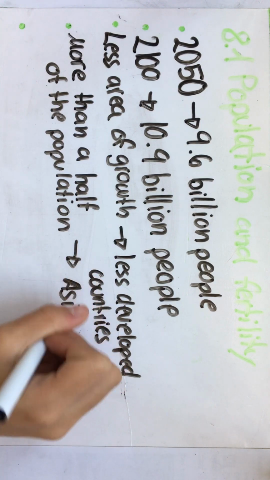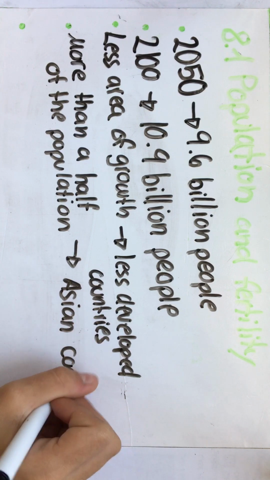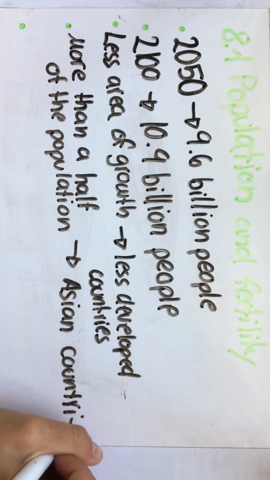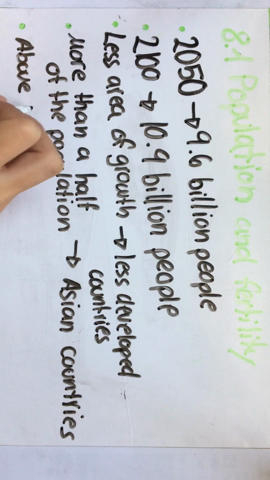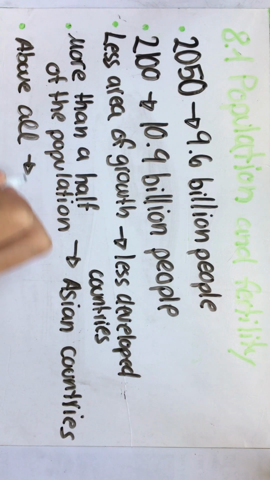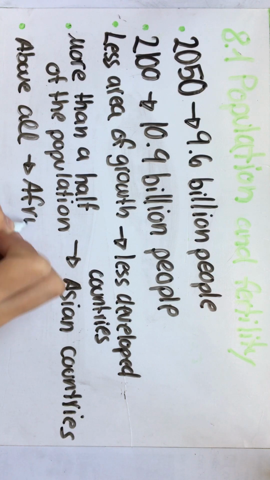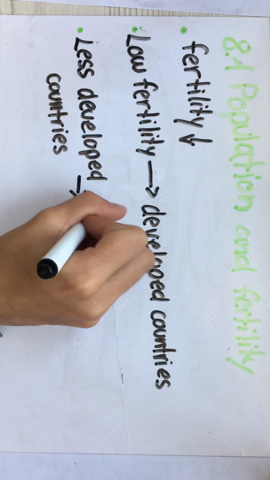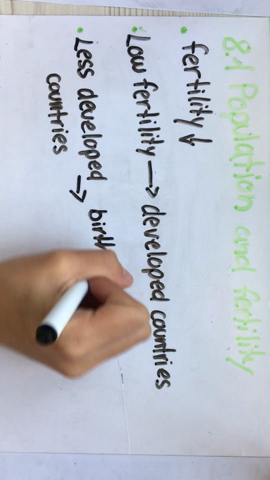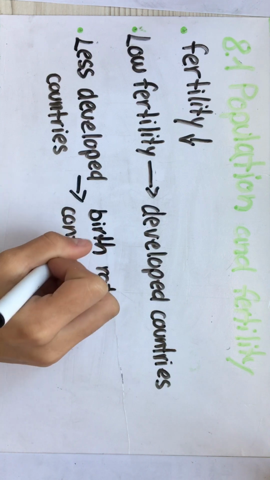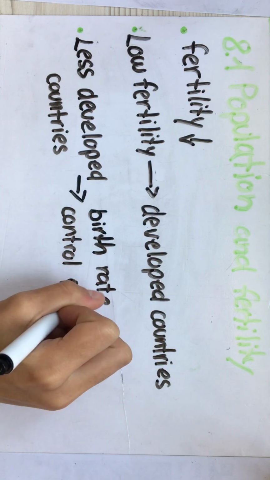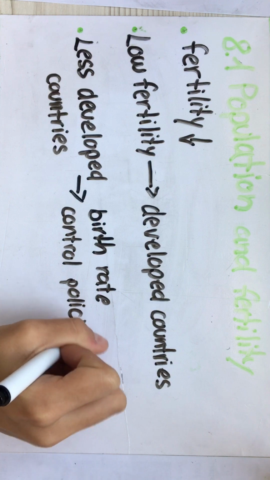More than half of the population will come from just a few Asian countries: India, China, Pakistan, Indonesia, and Bangladesh, and above all Africa: Nigeria, Democratic Republic of the Congo, Uganda, and Ethiopia. Worldwide fertility will decrease. The low fertility of developed countries will increase slightly, and in less developed countries it will fall.